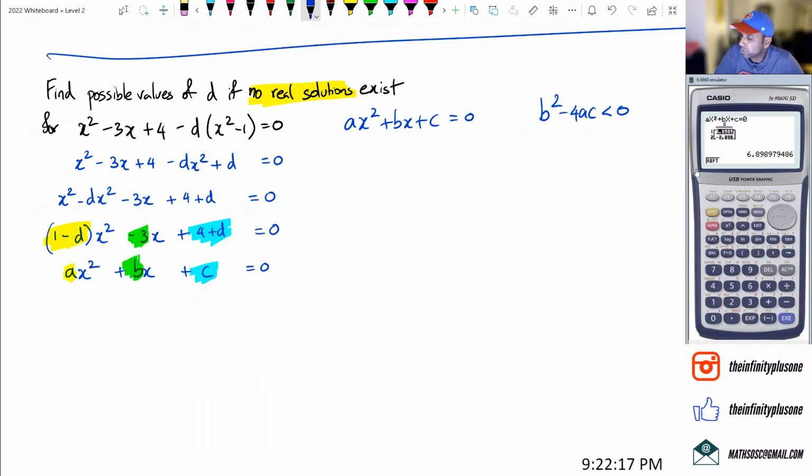That means b squared minus 4ac has to be less than 0. So we're going to put that down: b squared minus 4ac is less than 0. And then we're going to start substituting our values. So we've got negative 3 squared minus 4 times 1 minus d, that's the a value, and the c value is 4 plus d. And all of that has to be less than 0.